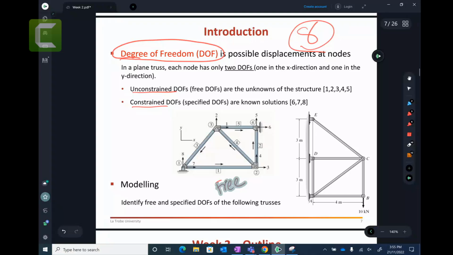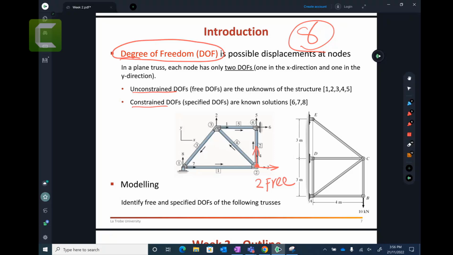Look at these ones. This node here, node number 2, has no supports. So this node can go in this direction and in this direction. So there are 2 free degrees of freedom here. Do you agree with me? Because node number 2 has no support.